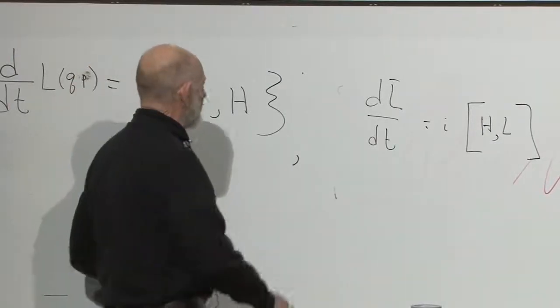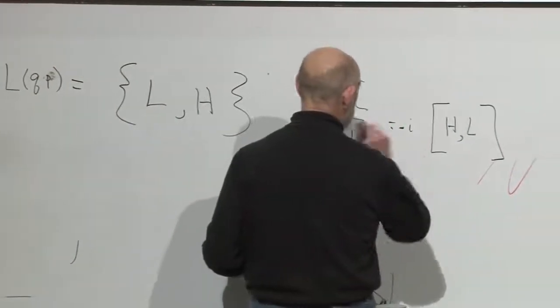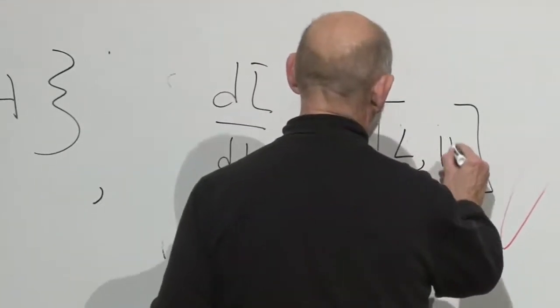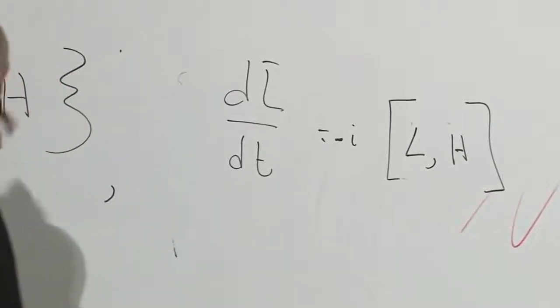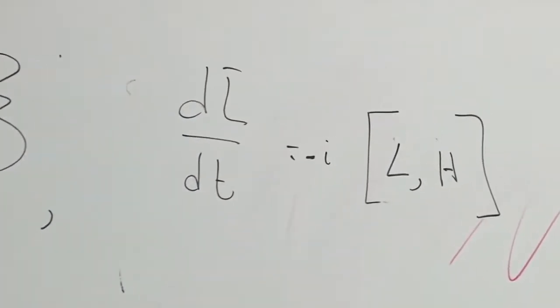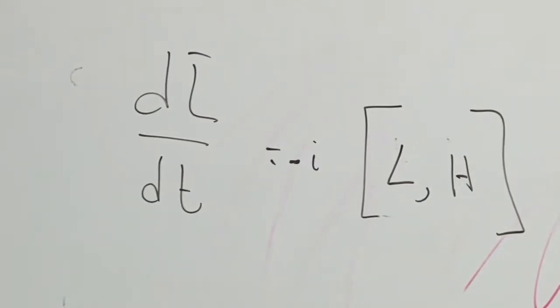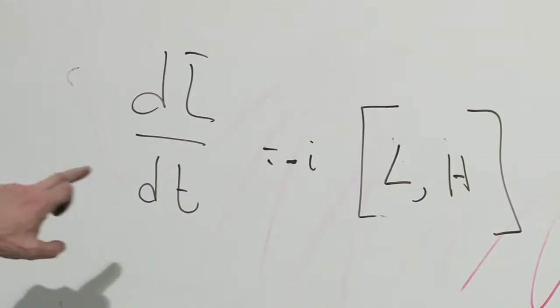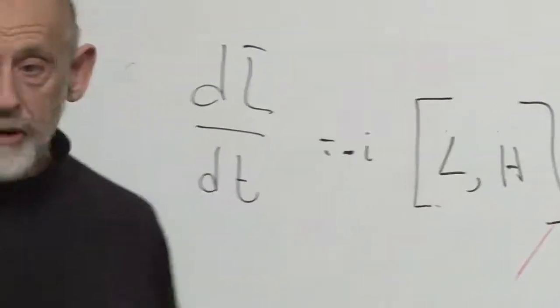So we can also write this as minus the commutator of L with H. There's a remarkable similarity, and it suggests that we identify the Poisson bracket with minus i times the commutator.